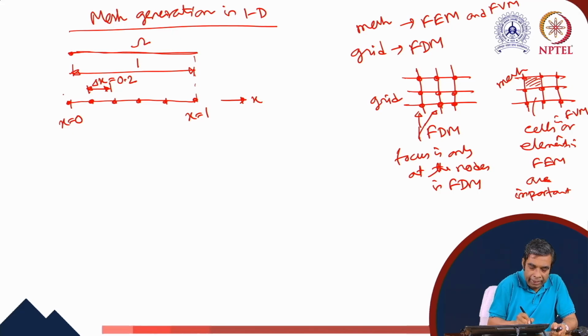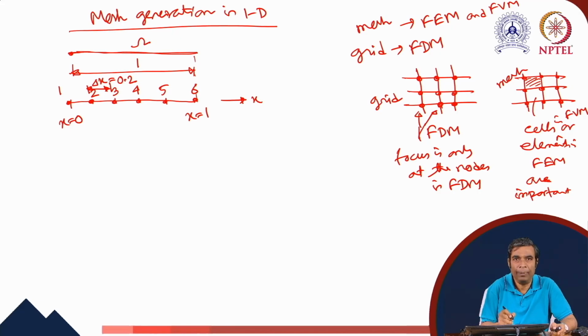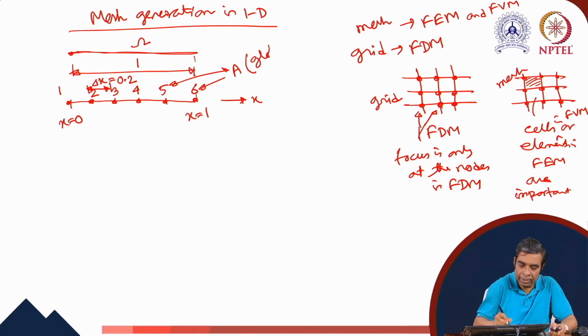Then we say that this is global node 1, global node 2, global node 3, global node 4, global node 5, and global node 6. It means that we have 6 global nodes, and these numbers are unique. These numbers are denoted by the symbol capital A. We say that these are global node numbers. These are unique quantities.